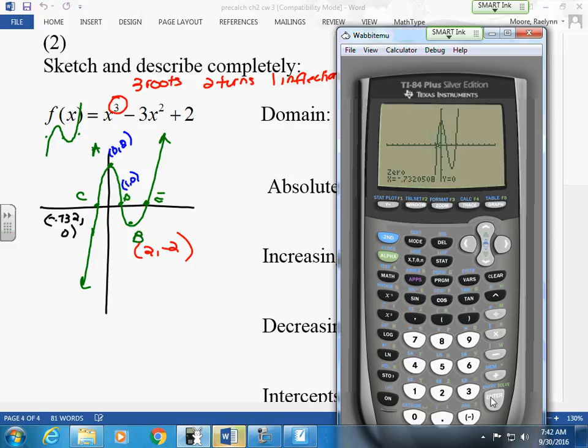Three decimals in pre-calc. Now see if you can find the one way to the right.